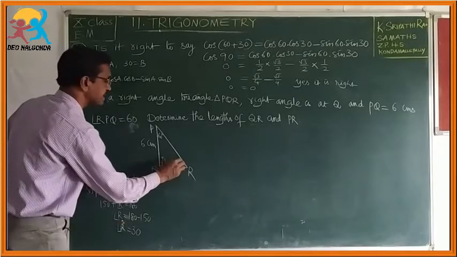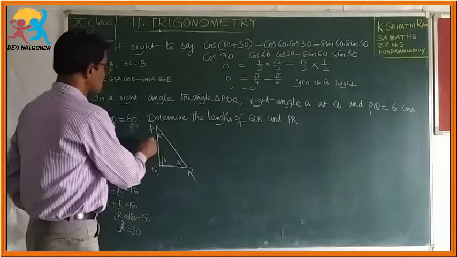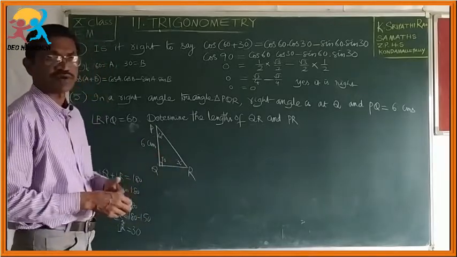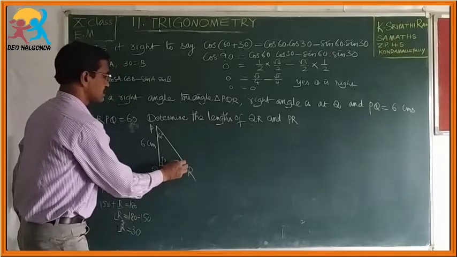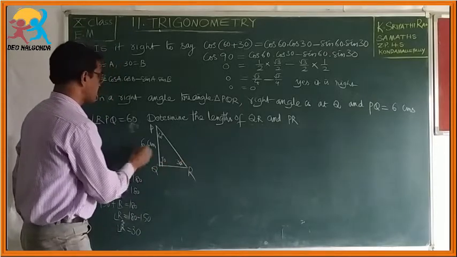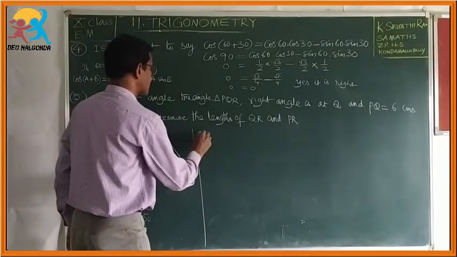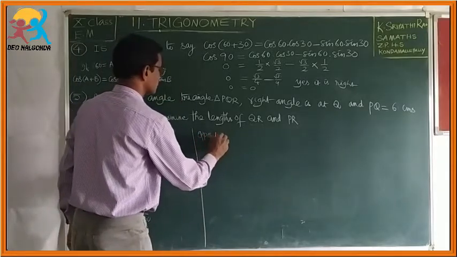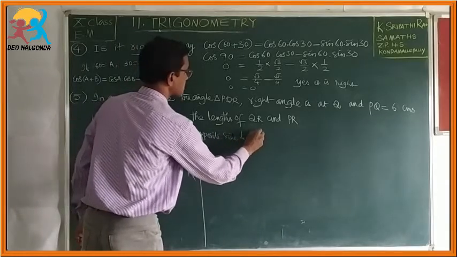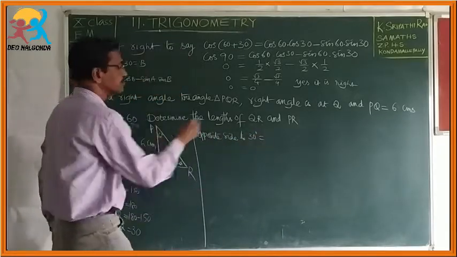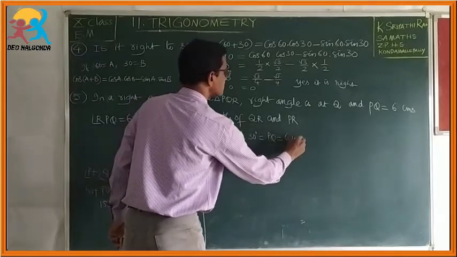This is 30 degrees. Now to find this one, known to unknown, you have to take a trigonometric ratio. Opposite side to 30 degrees is PQ, that is equal to 6 centimeters.